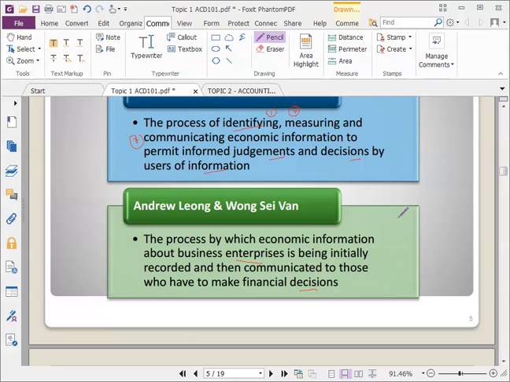Revenue, yes, same goes for income: how much revenue we generate from your business. We identify and classify all of that first, then measure how much, and communicate the economic information. So that is the process of accounting.